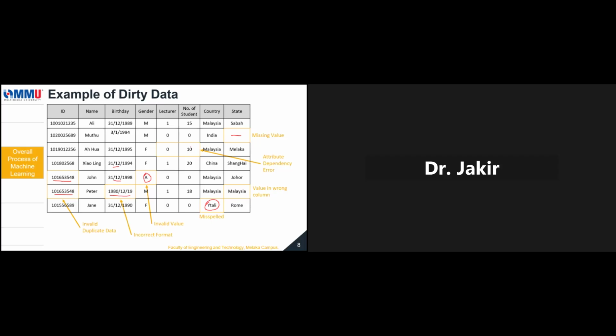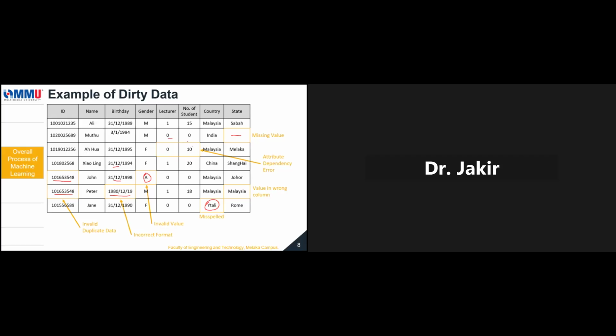And this one, suddenly a number is coming here, which we call an attribute dependency error. So when we are talking about this value, it should be female here and male here, right? If you see there, the value is lecturer, and number of students. So lecturer is 0.